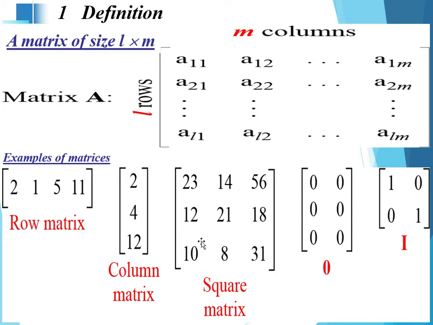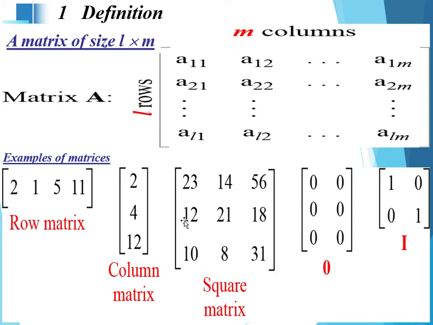In a square matrix, there is the same number of rows and columns, in other words, L equal to M. The elements a11, a22, up to aMM make the main diagonal.